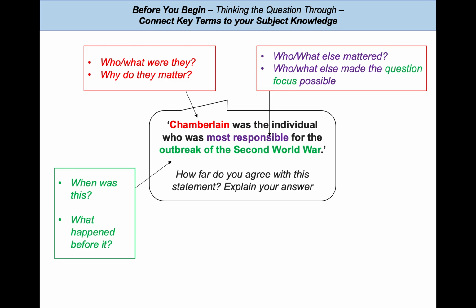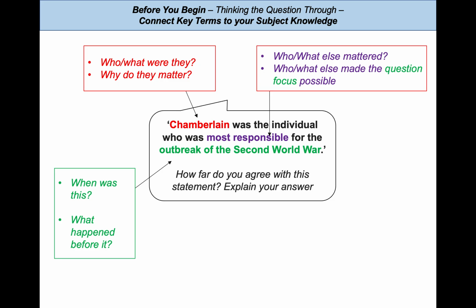So when I see this question, I want to make, in essence, a quick mind map, either literally in my mind or on the question paper. Who was Chamberlain? What do I know about why he mattered during this time period? When it says most responsible, that kind of implies that there were other individuals involved as well.